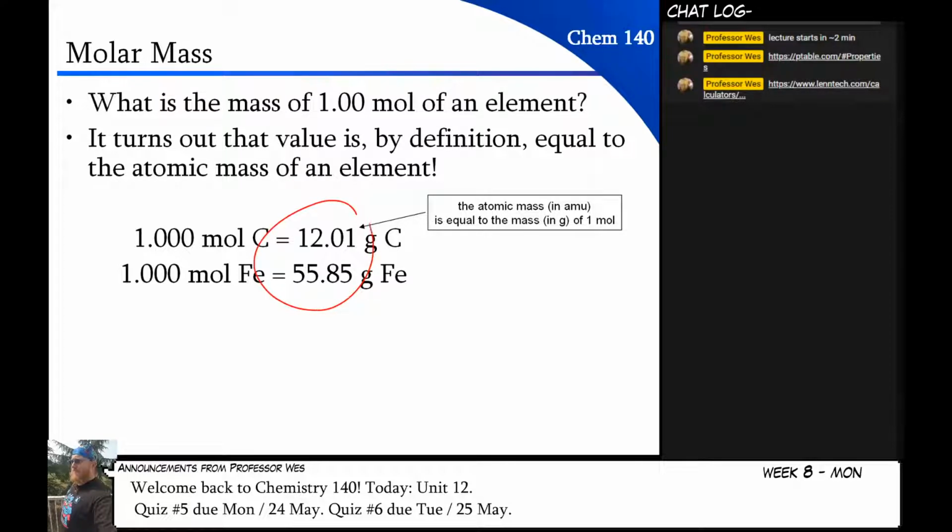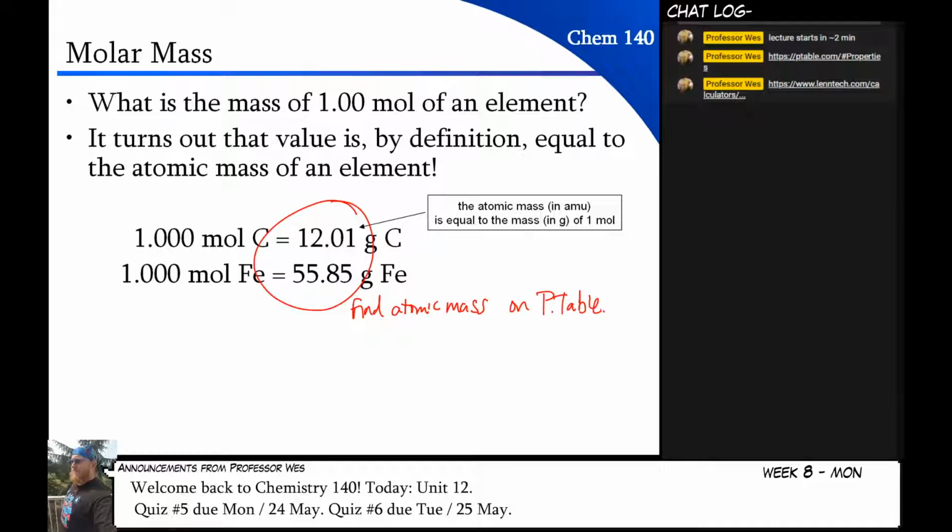So if I want to do a conversion from moles to grams, I just find the atomic mass on the periodic table. And so that gives us another relationship we can do. We can turn moles into atoms, or we can turn moles into grams.